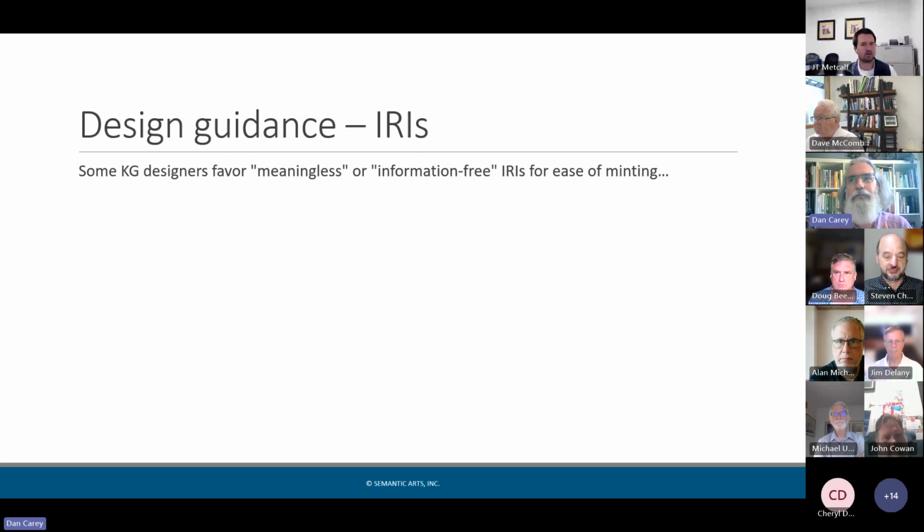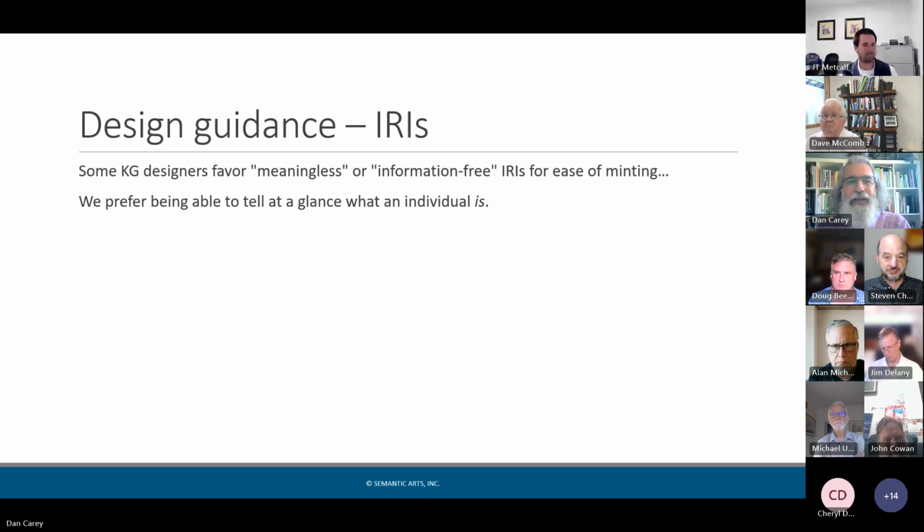It follows the guidance that cool IRIs don't change, so something can be nice and stable. But we prefer being able to tell at a glance what an individual is. And you shouldn't have to rely on a label for that, because now, instead of one bit of information, you're having to have two, and you might not always have that second bit of information available.